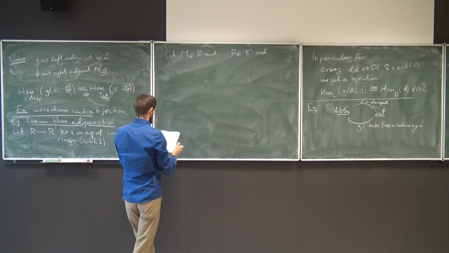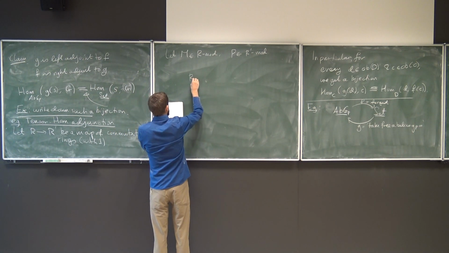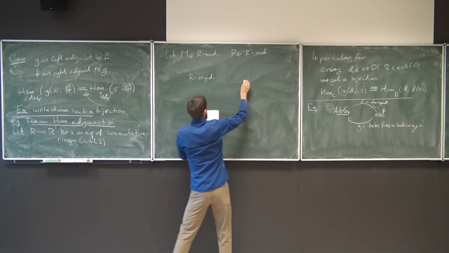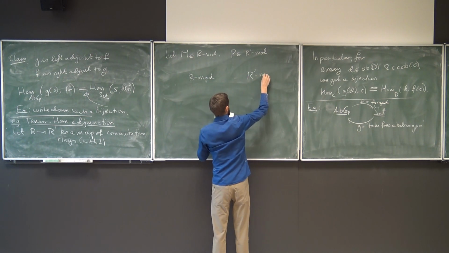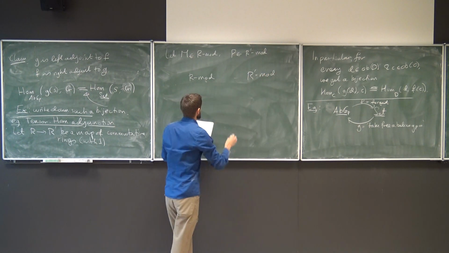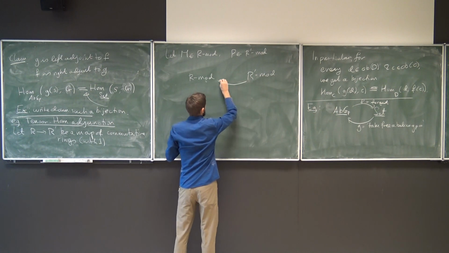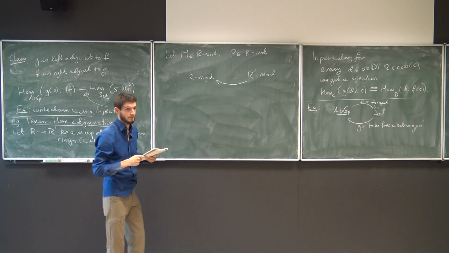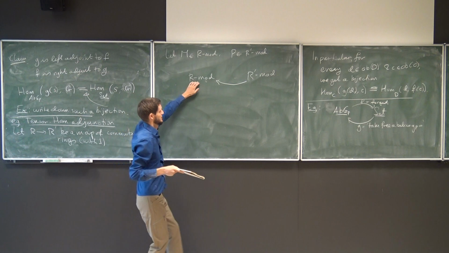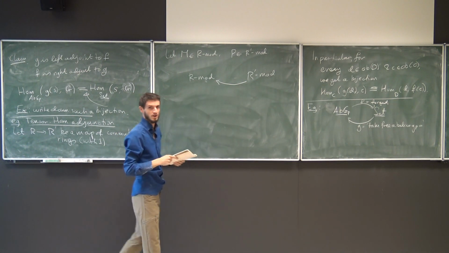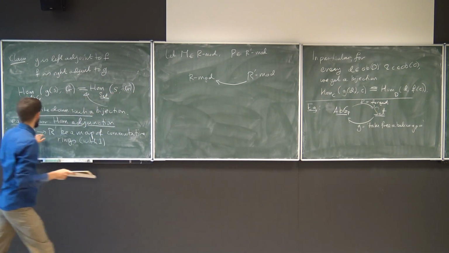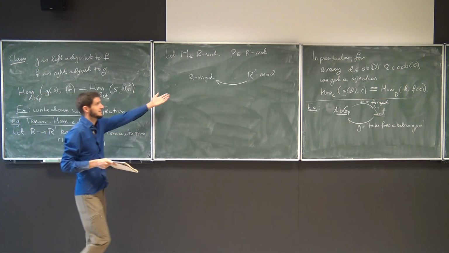Okay, so then we have R mod and R prime mod. So we have a functor in this direction. Sorry, functor, thank you very much. So this is the category of R modules, the category of R prime modules. So if I have an R prime module, well, I have a map from R to R prime, so I can always just view this as an R module.